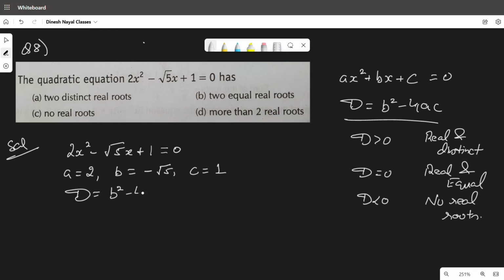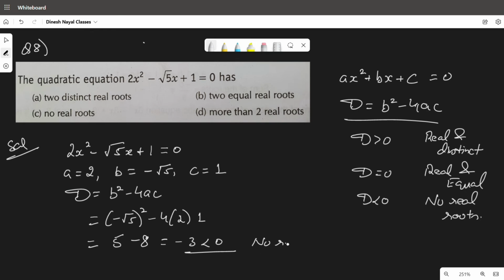Substituting the values, b square is minus root 5 whole square, minus 4 into a which is 2, into c which is 1. Minus root 5 whole square will be 5, minus into minus will become positive. This is 5 minus 8. Now 5 minus 8 is minus 3, which is less than 0. So the discriminant is less than 0. So no real roots.